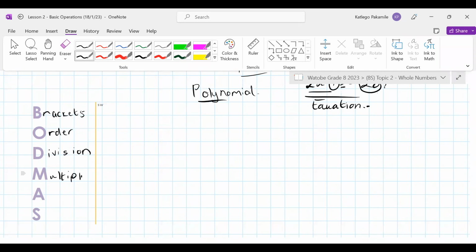Multiplication. A stands for addition. Addition. And the last one, S stands for subtraction. Subtraction. Well done. Thank you so much, Mutebang.